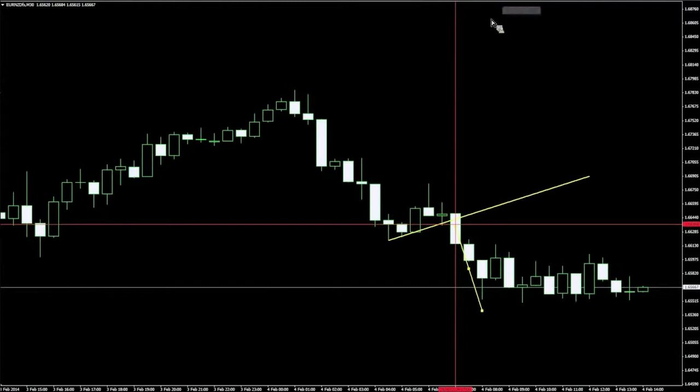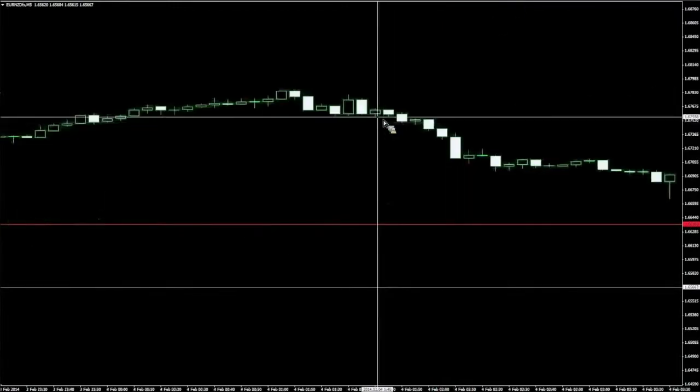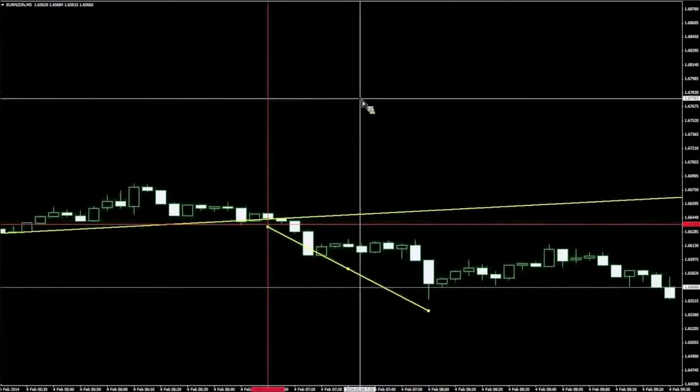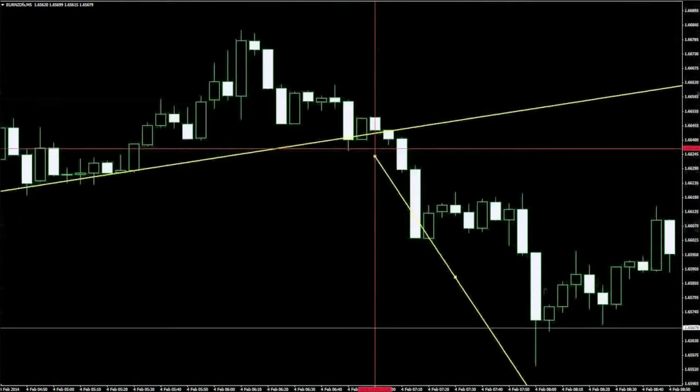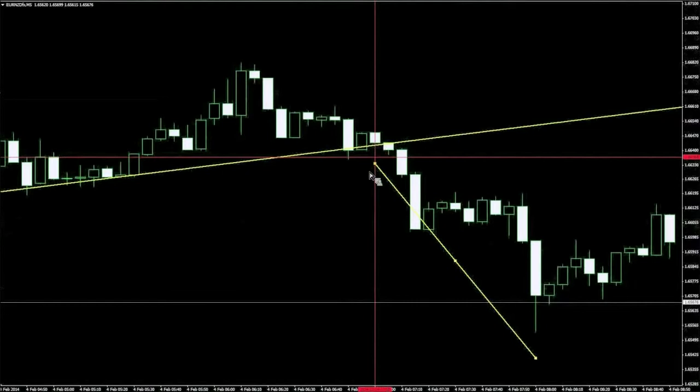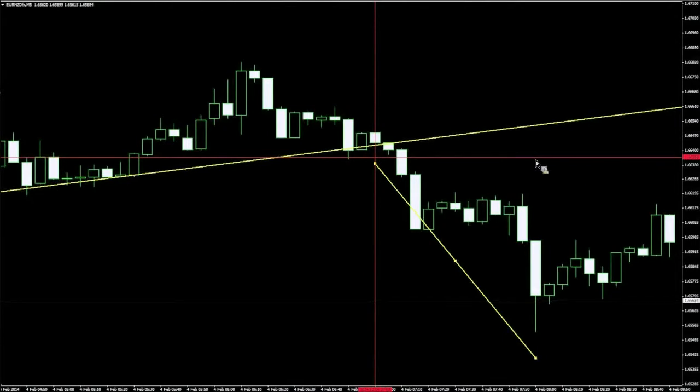Okay? And now we go down to our 5-minute chart, and we look for that crosshair. And that would be right here. Okay, so you see that's the crosshair. And we're looking to enter below this line, and this line represents that bottom wick that we saw.